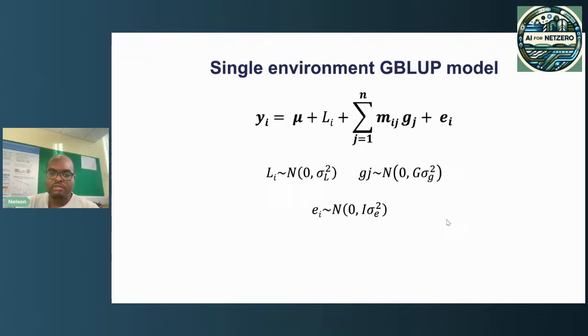And of course, the error value is also normally distributed, the error variance. And how we determine the marker effects is that we have the genomic relationship matrix, and also we have the variance of the model. So we determine a covariance matrix between the genotypes, and in this case we are using both the markers and the genotypes. And we also determine a covariance between the residual values. So we model the incidence matrix and the error variance in the model. So next slide, please.